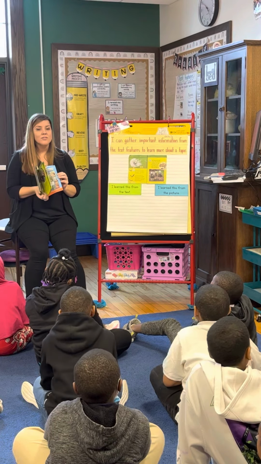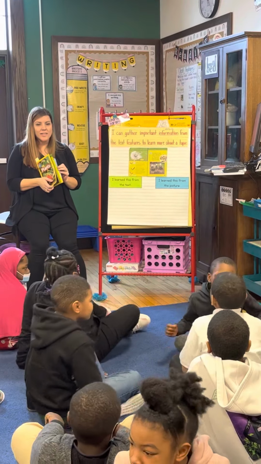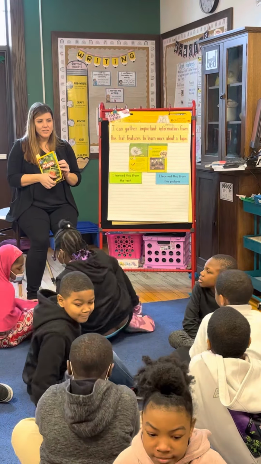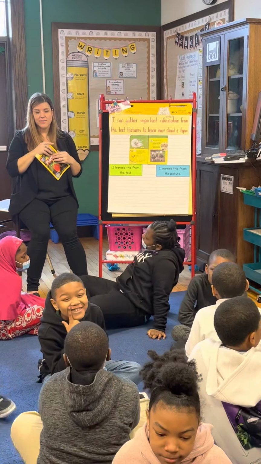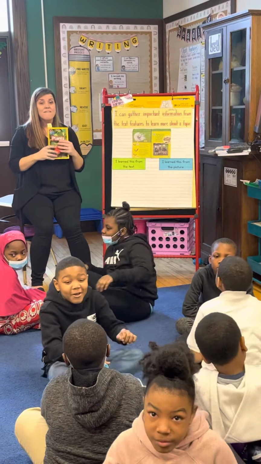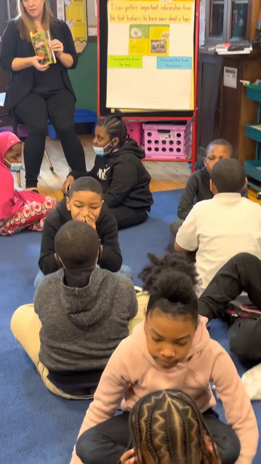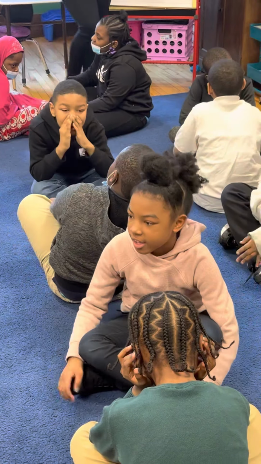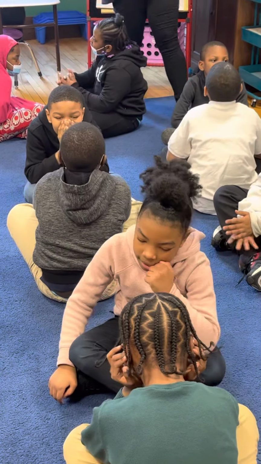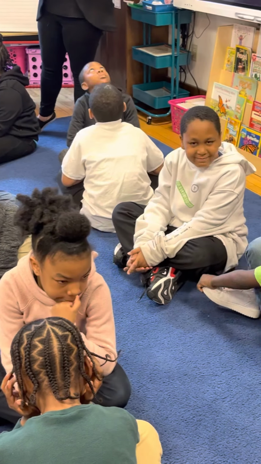So, turn and talk to your partner. Share ideas of what a text feature is. Sayer, turn to Royale, please. Give an example of a text feature in a nonfiction book. So what do we see in nonfiction texts that make them so different from fiction?